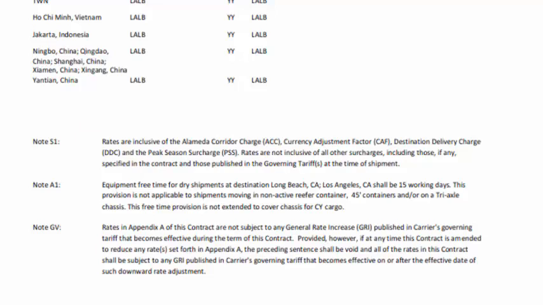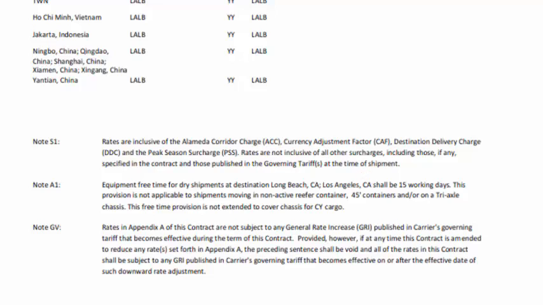There's reference to PSS, which is basically saying that these rates include any peak season surcharge. That's really, really important. Note A1, free time for equipment at LA Long Beach Port, 15 working days.